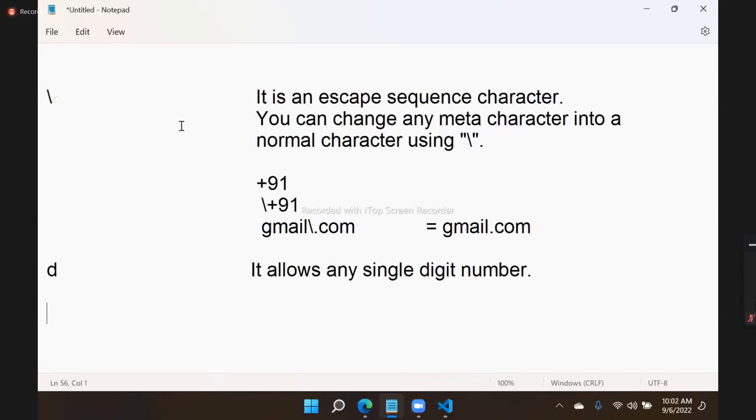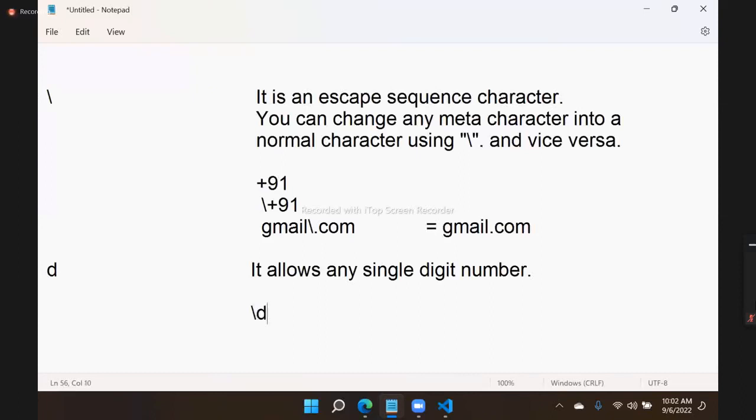This slash changes any meta character into a normal character and vice versa, any character into a meta character. Suppose we use D, it will allow only D. Then we have to use slash D.